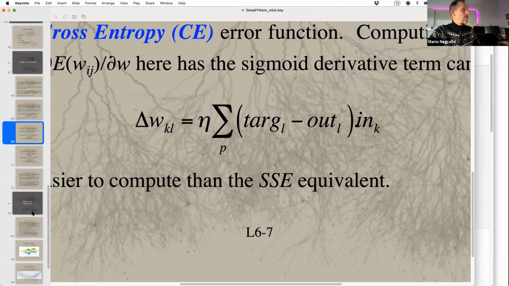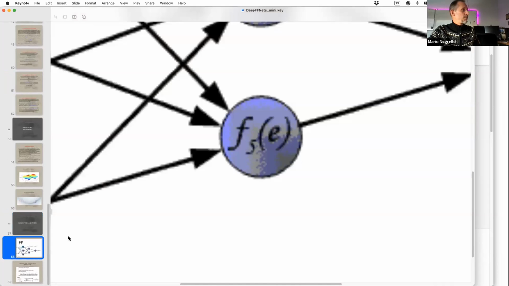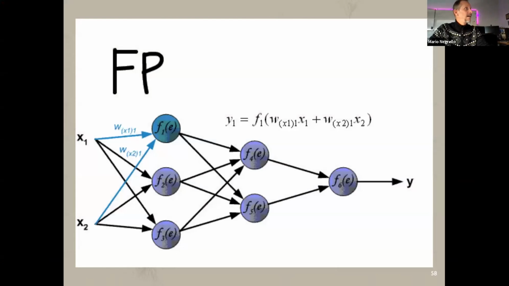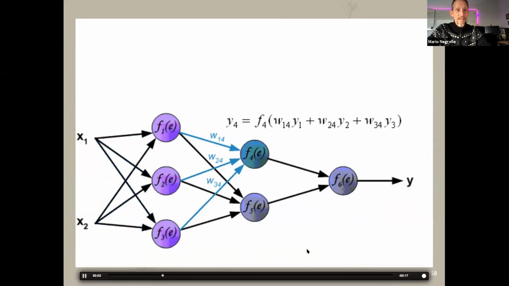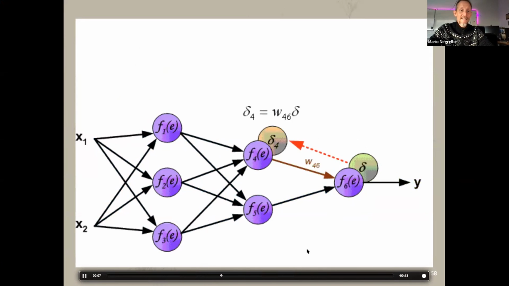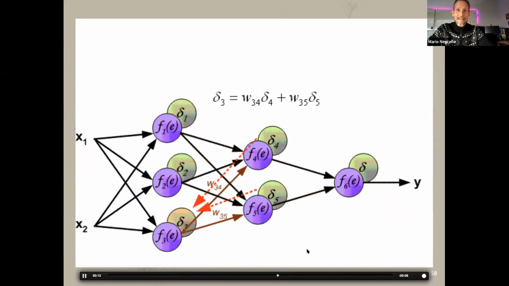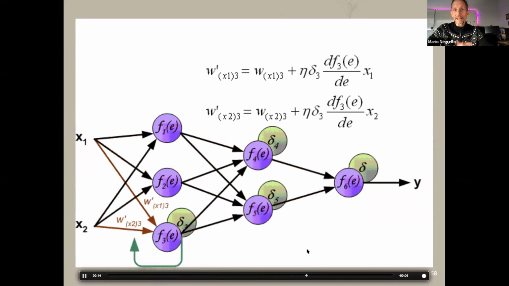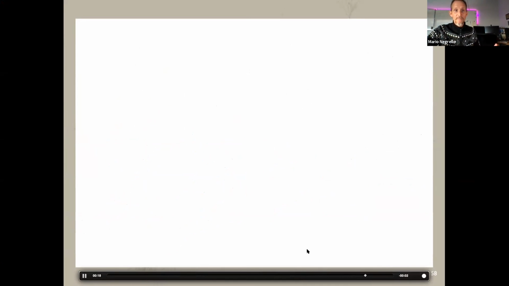I think the explanation in 3Blue1Brown is pretty good, and I can't hope to do a better job than this. But ultimately, you have a forward pass after which you compute the error, and then you propagate the proportional error as a function of how strong the weight was.